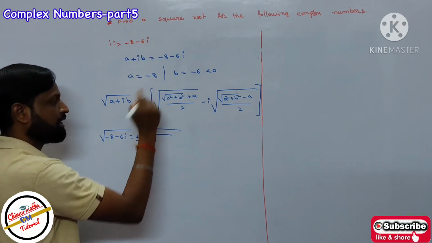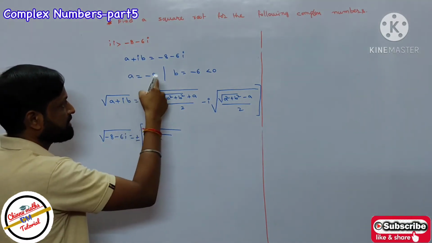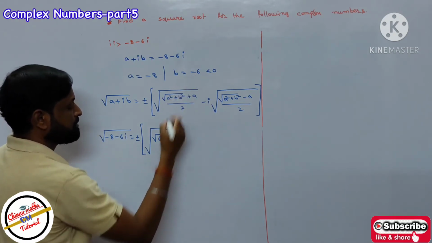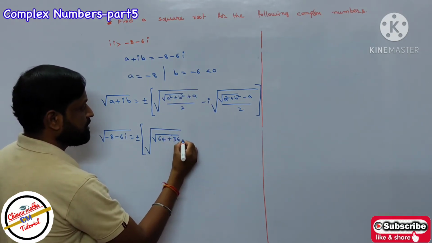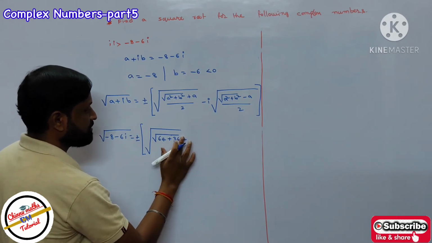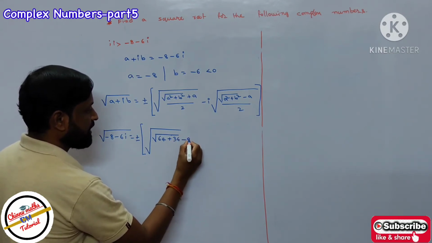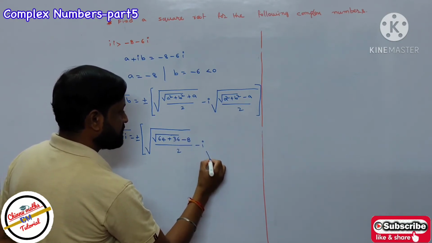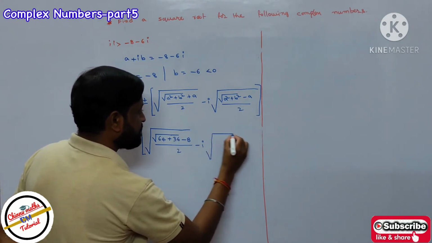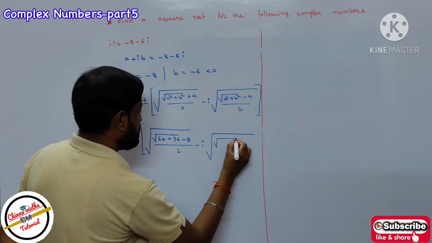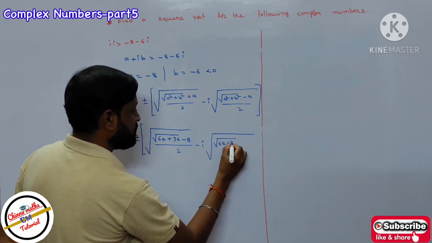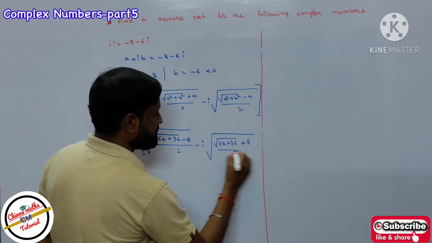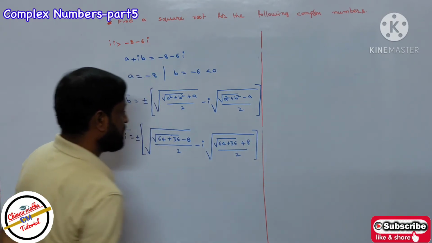A square means minus 8 whole square, 64, plus b square means minus 6, 36, plus a means minus 8, by 2, minus i into square root of the same value 64 plus 36, minus minus 8, plus 8, by 2. Then you have to calculate.